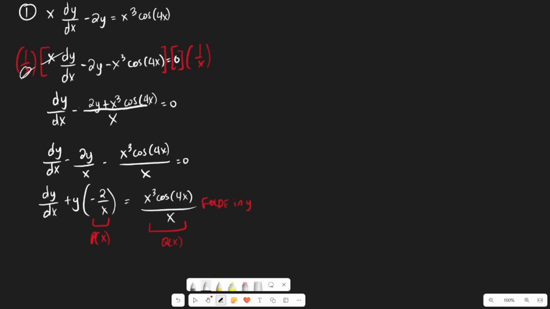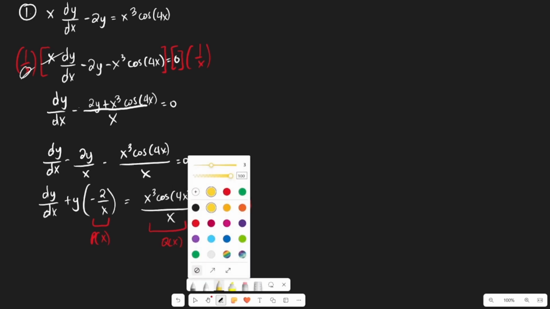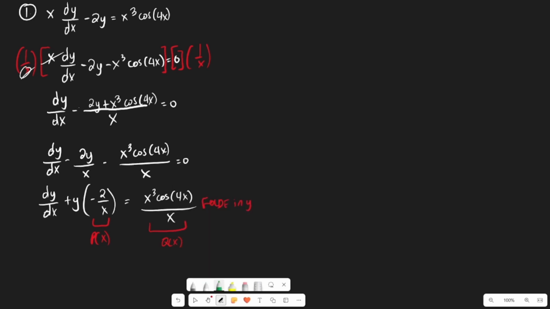Now that we have the standard form for the FOLDE in y, we're going to find the general solution for our given standard form. We have the formula for the FOLDE in y.